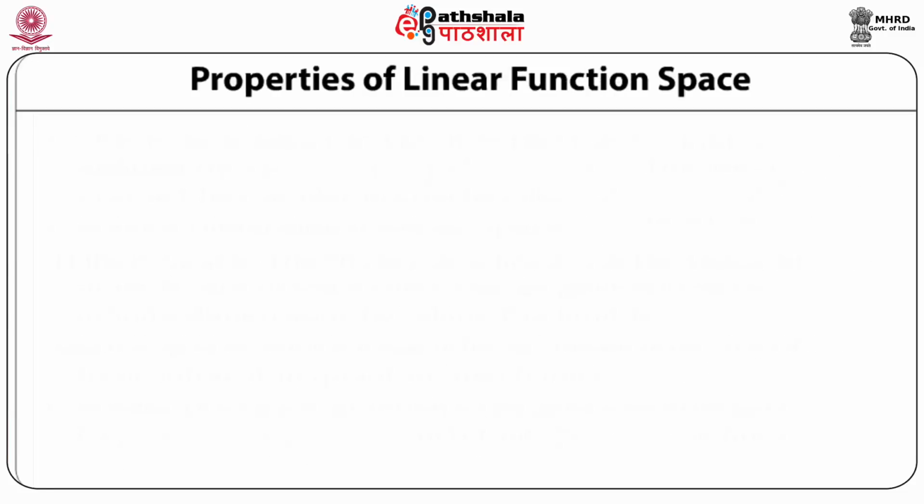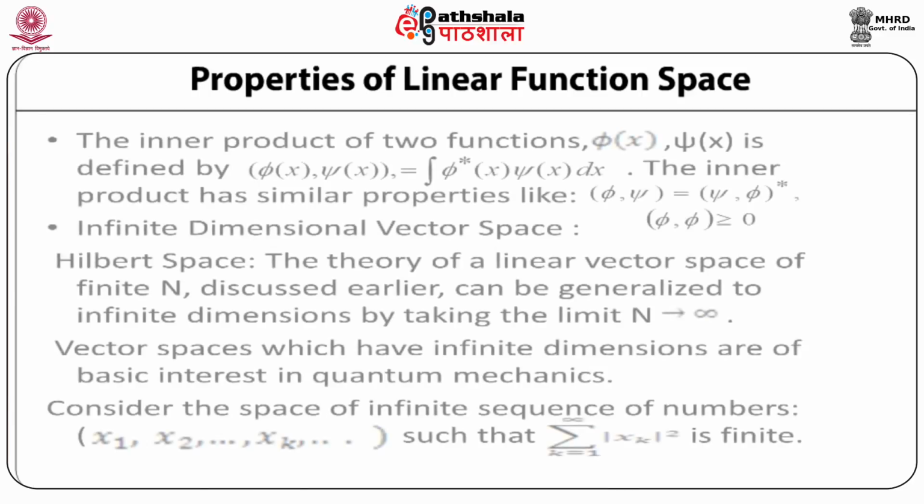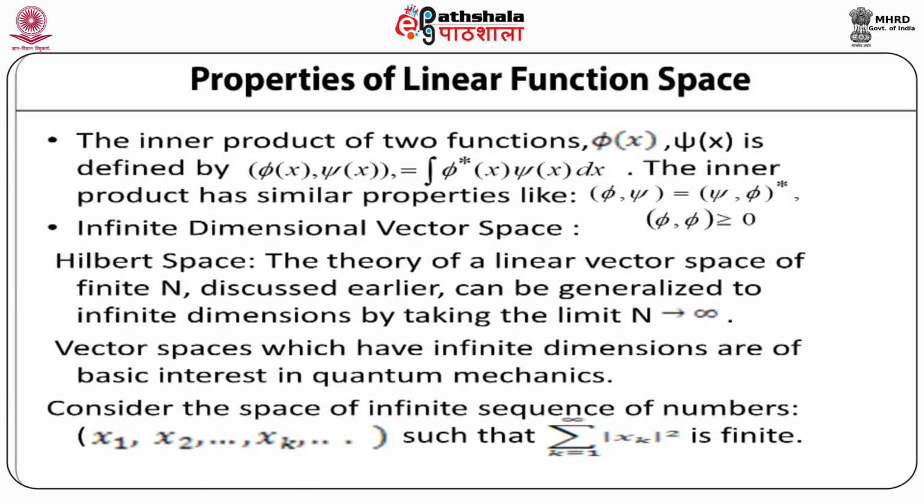Properties of linear function space. The inner product of two functions phi(x) and psi(x) is defined by the inner product or scalar product of functions phi(x) and psi(x) is equal to the integral of phi star(x) into psi(x) dx.